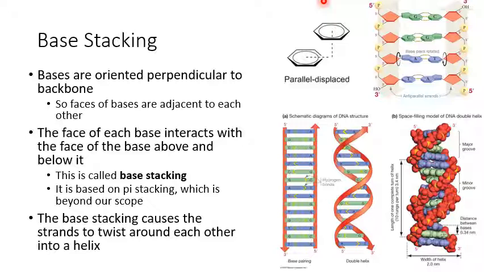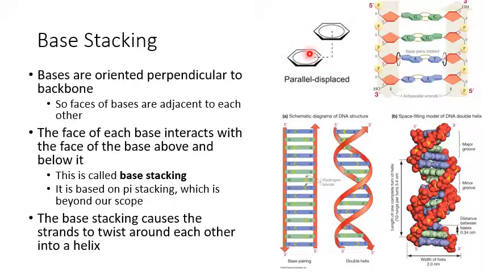And we're not going to worry about pi stacking because understanding it just requires more complicated chemistry than what we are going to get into in here. So you don't have to worry about why this pi stacking occurs, but it is an interaction between 2 rings that are stacked on top of each other, but not just perfectly on top of each other. They actually need to be off kilter a little bit, like shown in this diagram.